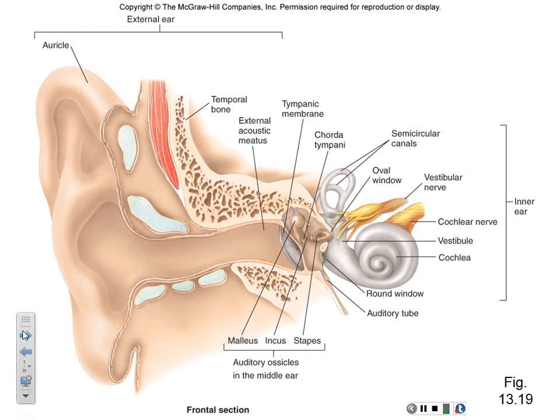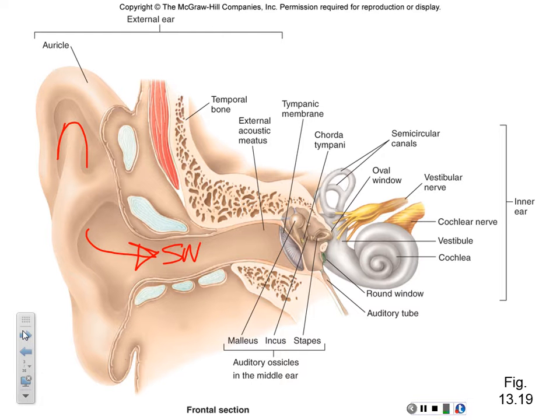So, like I said, all these convolutions are meant to channel sound waves in there, and the sound waves will hit the eardrum, called the tympanic membrane, which will vibrate.